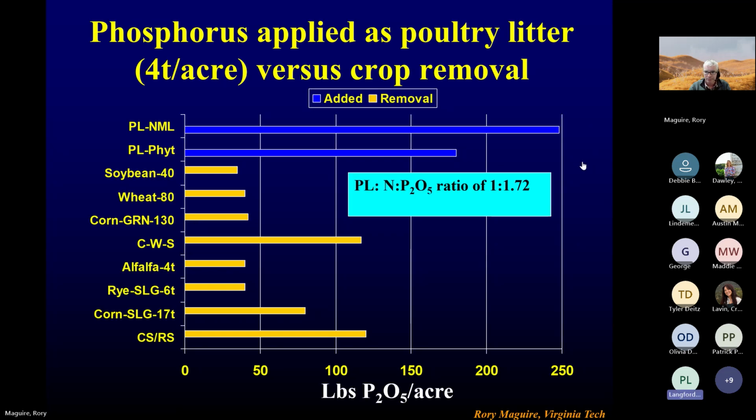So for this next slide, this was a study looking at phosphorus applied as poultry litter versus crop removal.